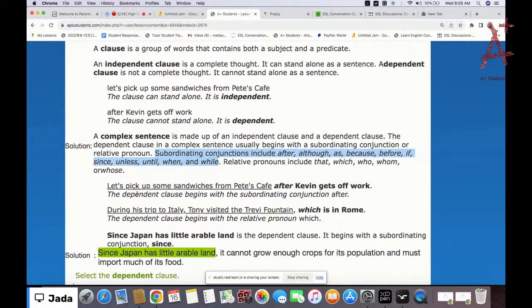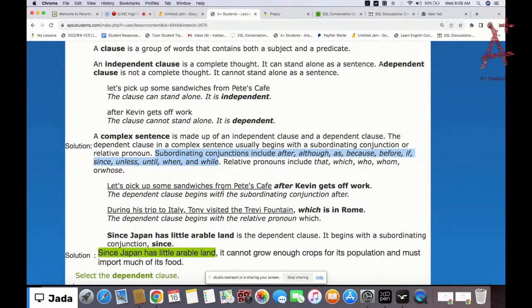let's pick up some sandwiches from Pet's Cafe after Kelvin gets off work. So if you note that from the beginning up here, we had after Kelvin gets off work as the dependent clause. Now, if you want to make it a complete sentence, you can use a subordinating conjunction to attach them.